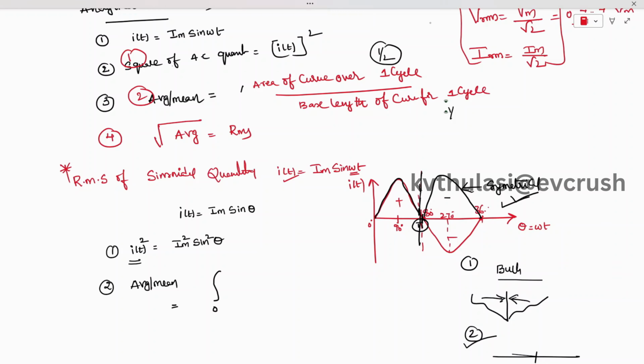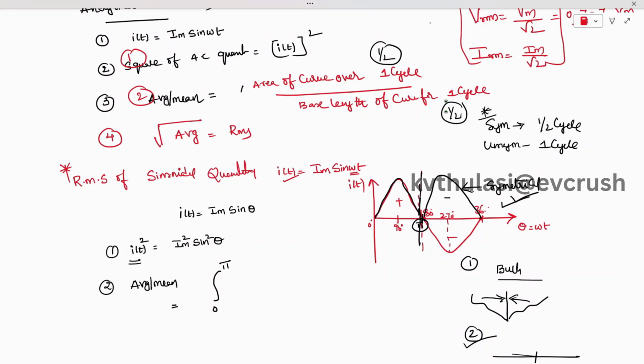So whenever it is symmetrical in nature, you calculate only for the half cycle. If the waveform is unsymmetrical, which is not the same on both halves, then you have to calculate for one full cycle. You have to remember this while solving the problem. Here you can see it is symmetrical, so calculate only for the half cycle, so the limits vary from 0 to pi.